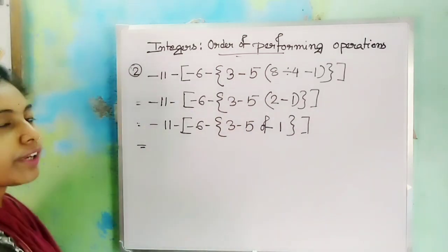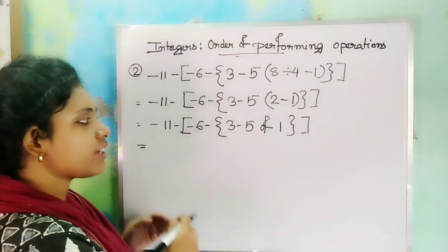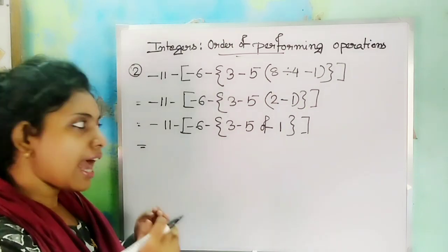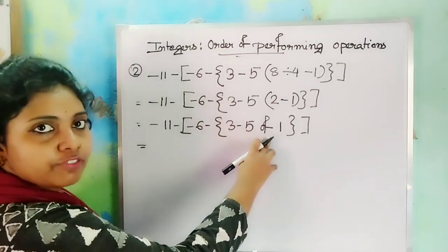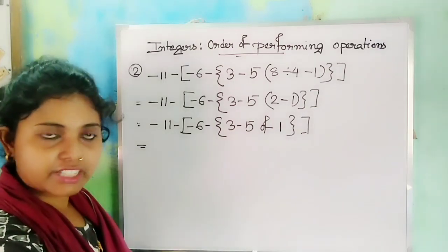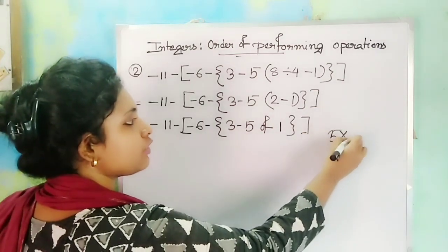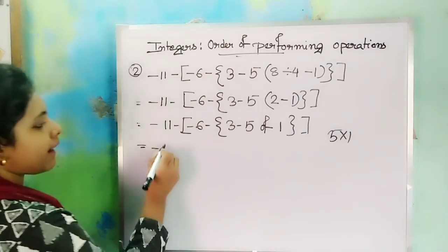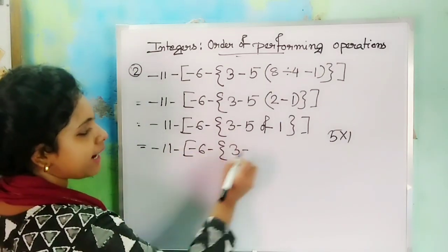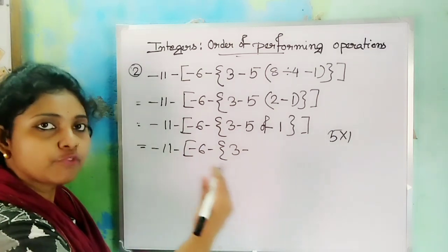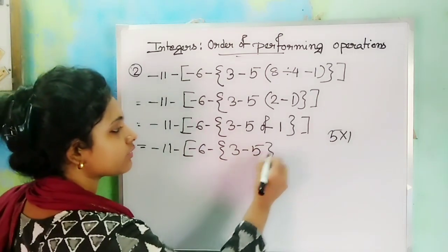Next we have to do the operation within the second bracket, and there are two operations, one is subtraction and one is of, and of means multiplication, that is 5 into 1. So minus 11 minus 3 minus 5 into 5, 5 into 1 means 5.